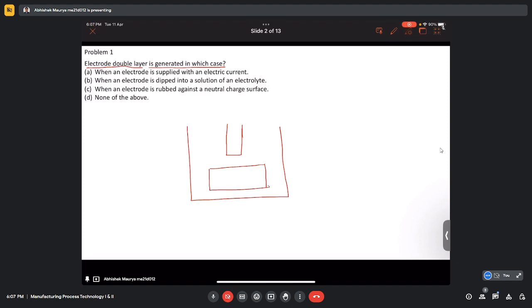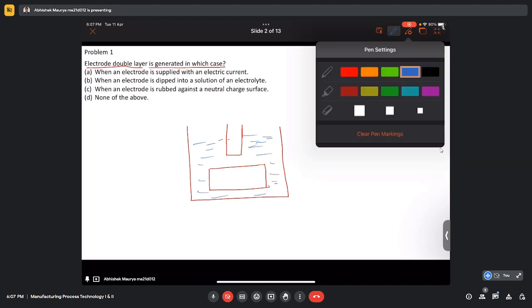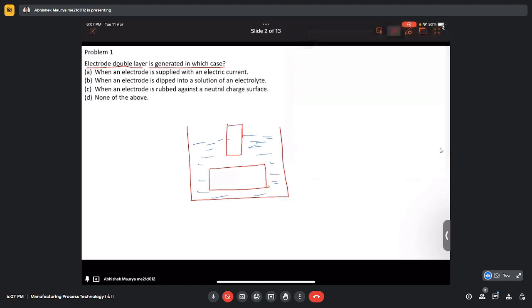The workpiece is connected to the positive terminal and the tool is connected to the negative terminal of the battery.